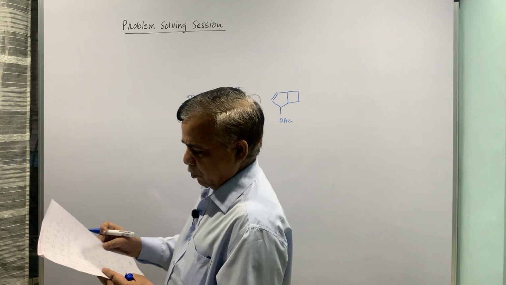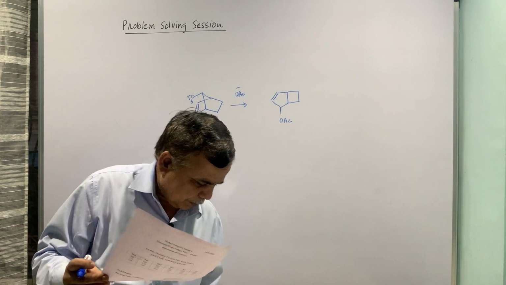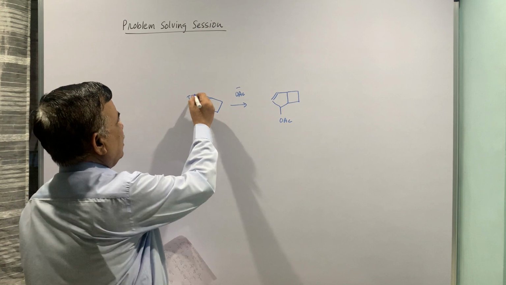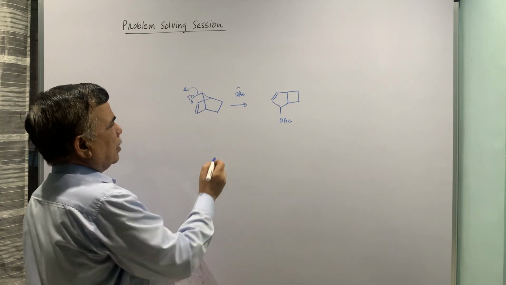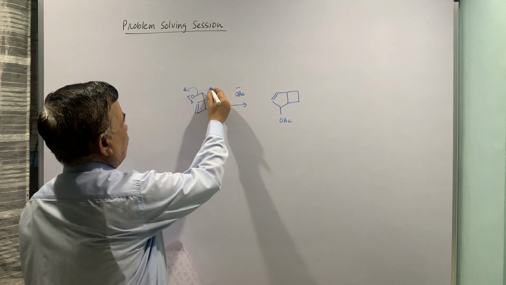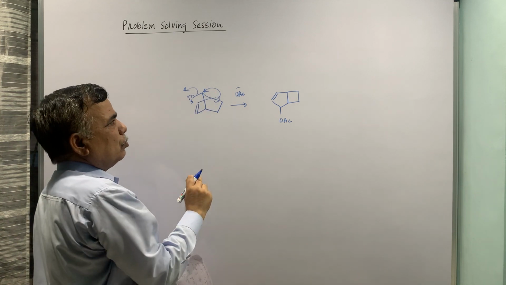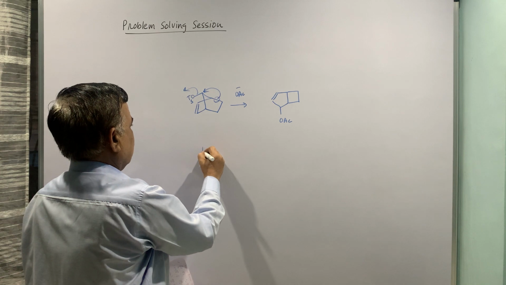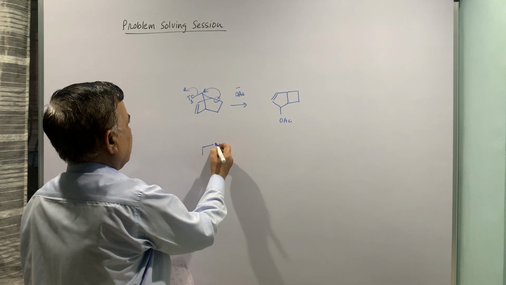The product is given, so you have to account for the formation of this product. Initially this is a leaving group, and now the group which is anti to tosylate will move, not the double bond in this case. So, I am drawing it as it appears.